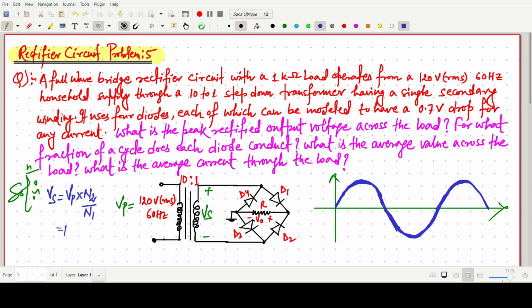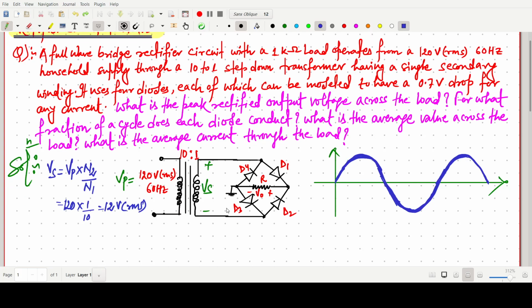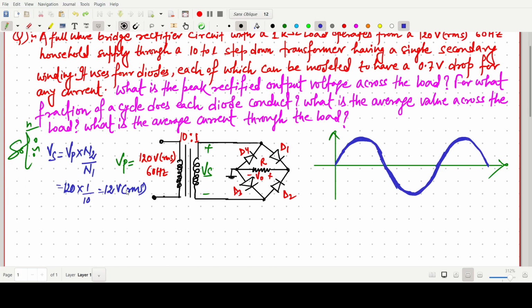So this gives 120 times 1 by 10, which should be 12 volt RMS. So this value is simply 12 volt RMS, and we are saying that this is a sinusoidal signal.